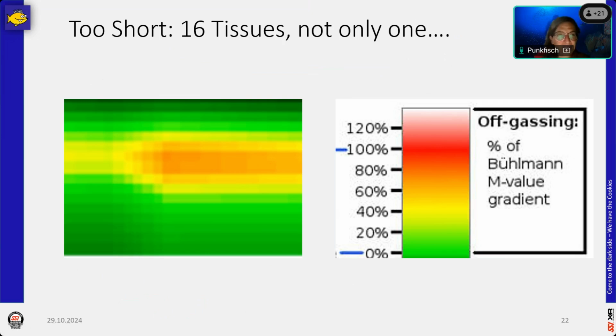So you need to have all these tissues in mind when you plan your dive, and not only one. So this is exactly where the plot is not useful anymore when it comes to really planning a dive, and not only to understanding how saturation, desaturation generally works.